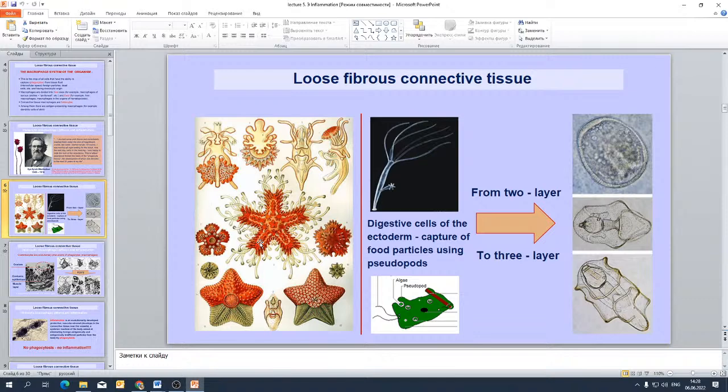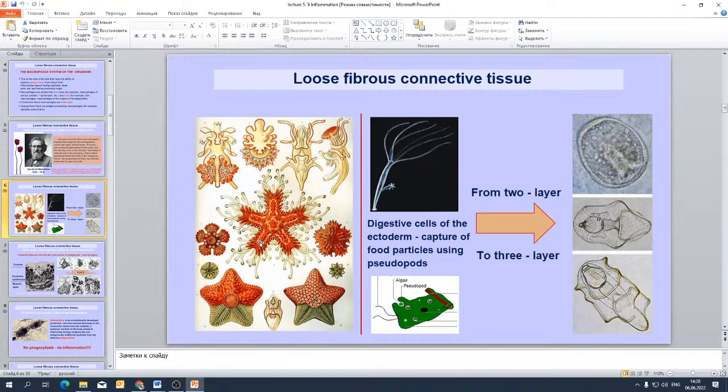Is inflammation present or not? Yes, it is present, because an insect is a three-layer animal.